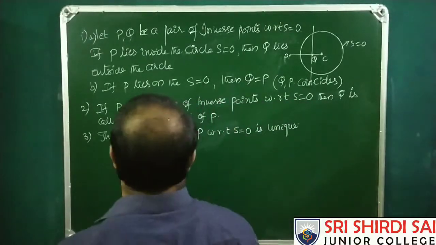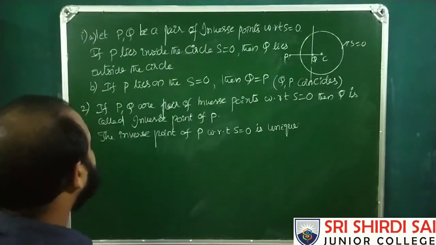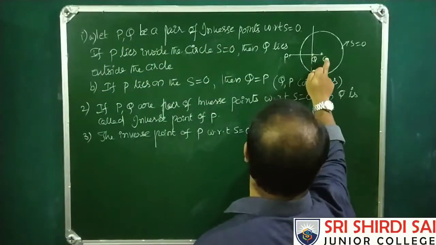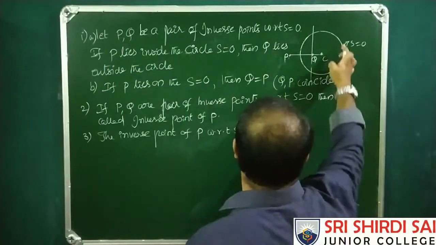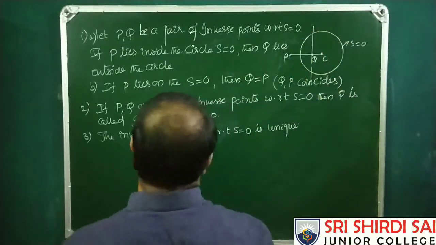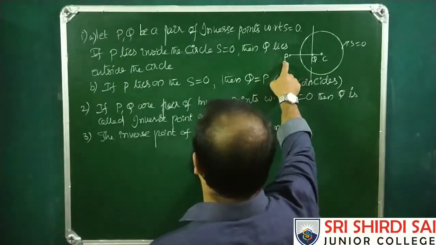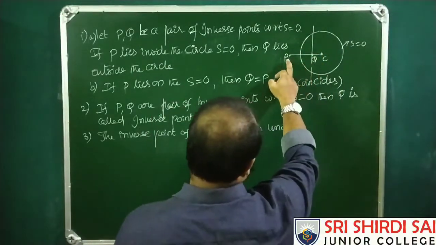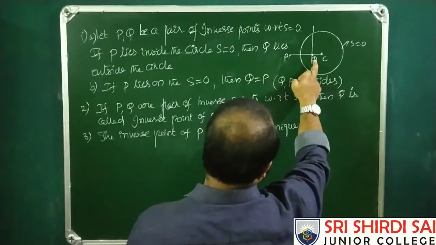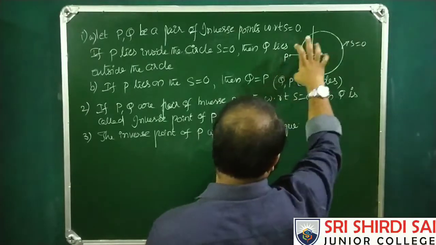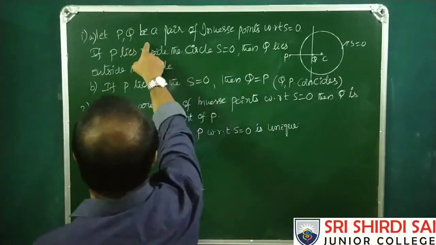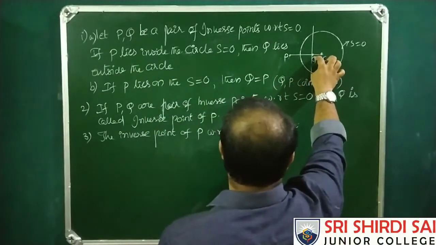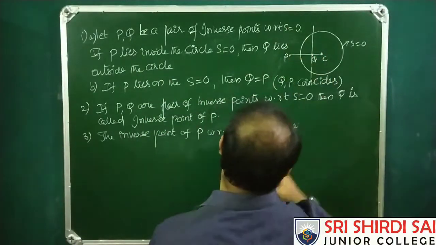So these are the three conditions. Let P, Q be a pair of inverse points with respect to circle S equals 0. If P lies outside the circle, Q, the inverse of P, lies inside the circle. If P lies inside the circle, then Q lies outside the circle.